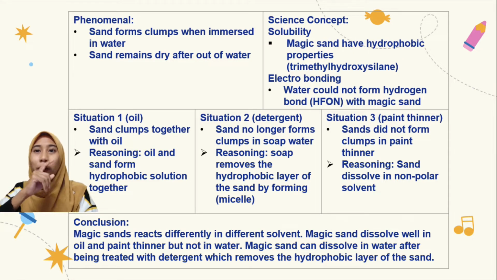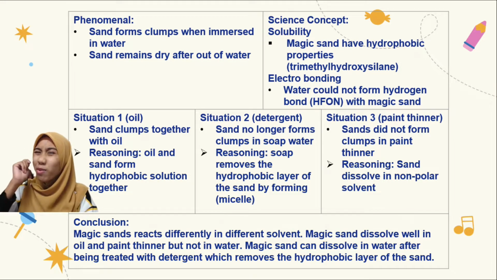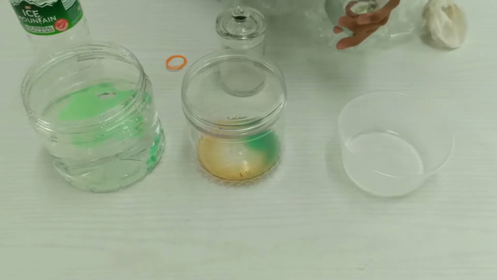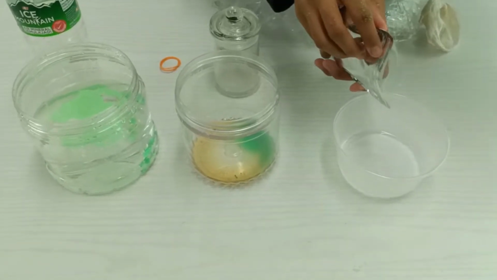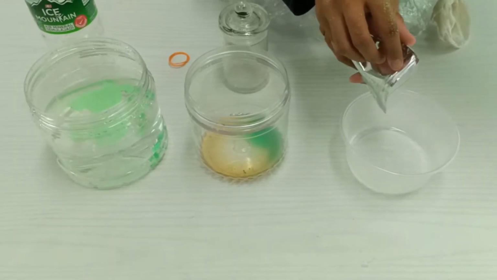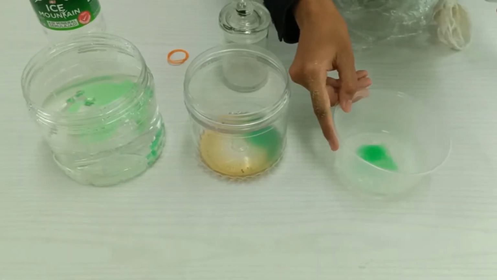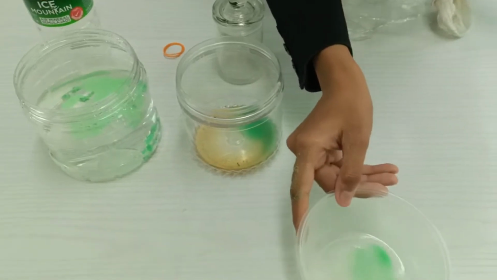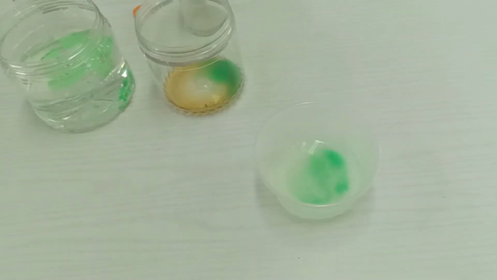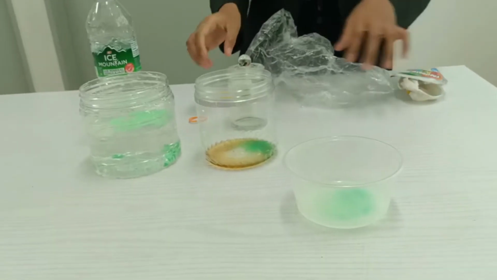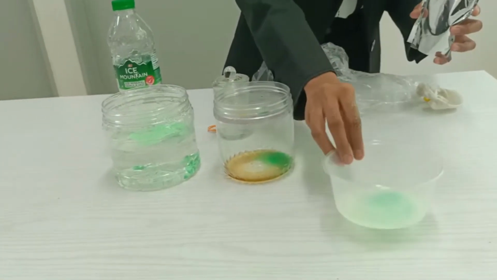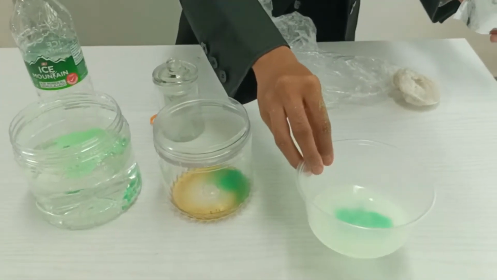So how about solution 3? That was the mysterious answer in the toy demo. Solution 3 is actually thinner. As you know, thinner is an organic solvent. Organic solvents can dissolve substances that are not dissolvable in water.